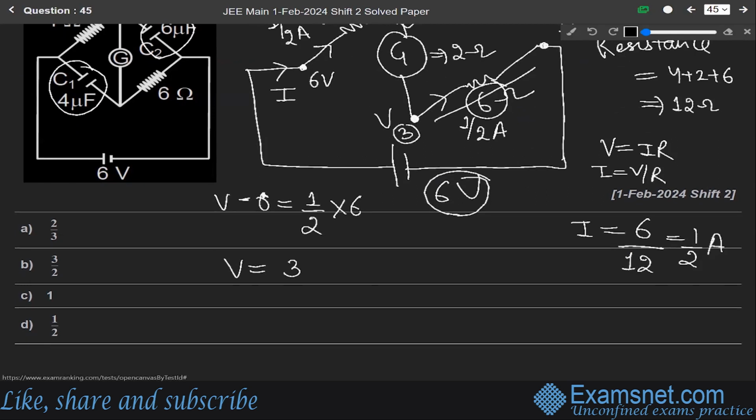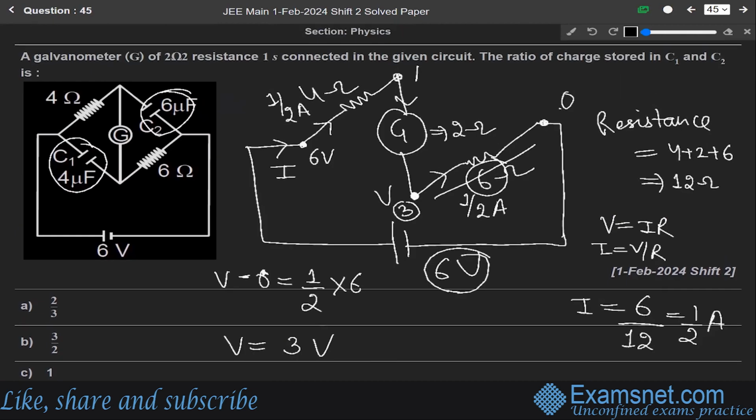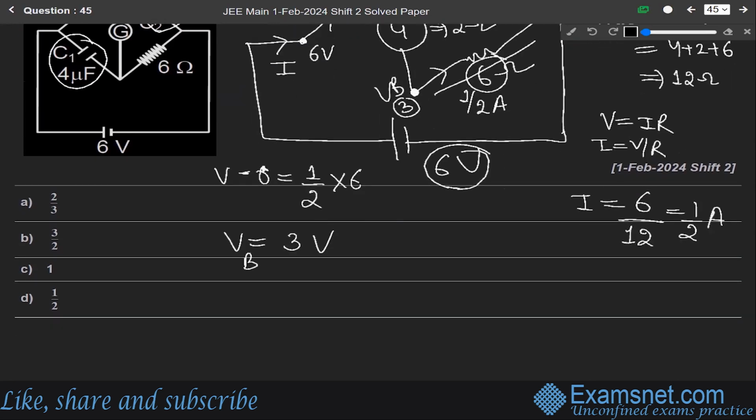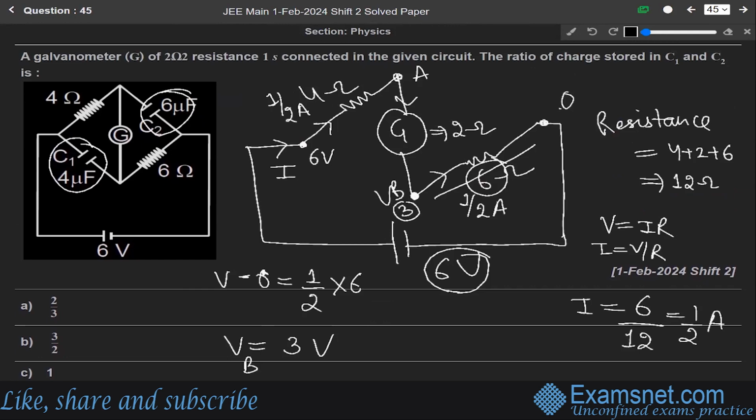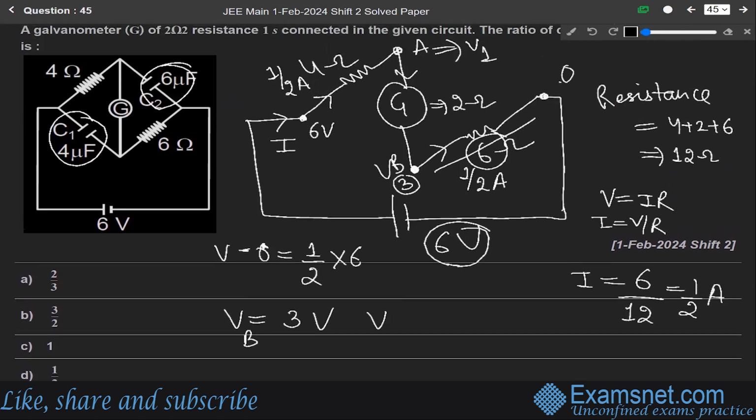Now we want to find the potential at this point. Let us say this is point A, this is point B. The potential at point B is 3 volt and we want to find the potential at A. Let this be V1. For point A, 6 minus V1 equals I into R. I is 1 by 2 into R, resistance is 4 ohm, so 2 2s are 4.